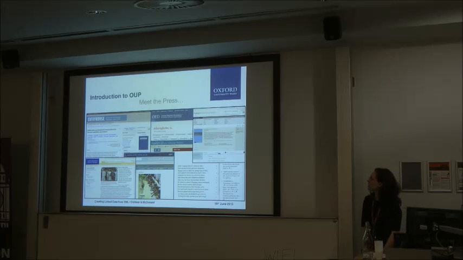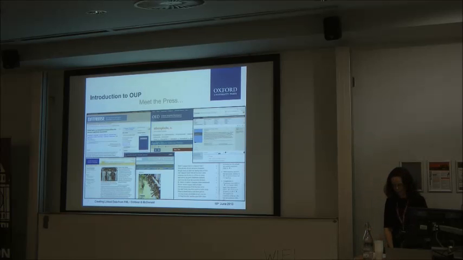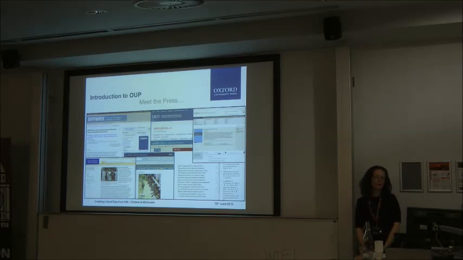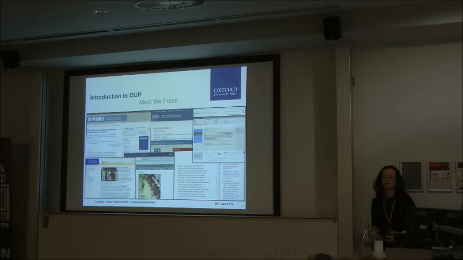Oxford Scholarship Online is chapter-based books, basically. We also publish the Oxford Dictionary of National Biography and the American National Biography. We have Oxford Islamic Studies, we've got Oxford Biblical Studies. We have Medicine Online, Law Online, and we also do primary text data.